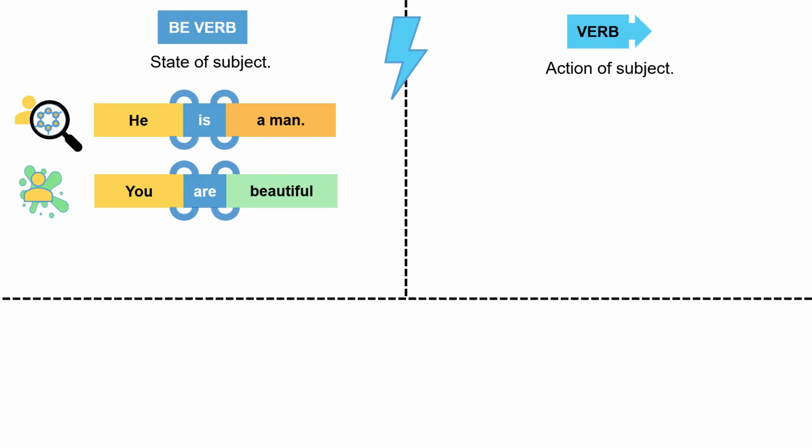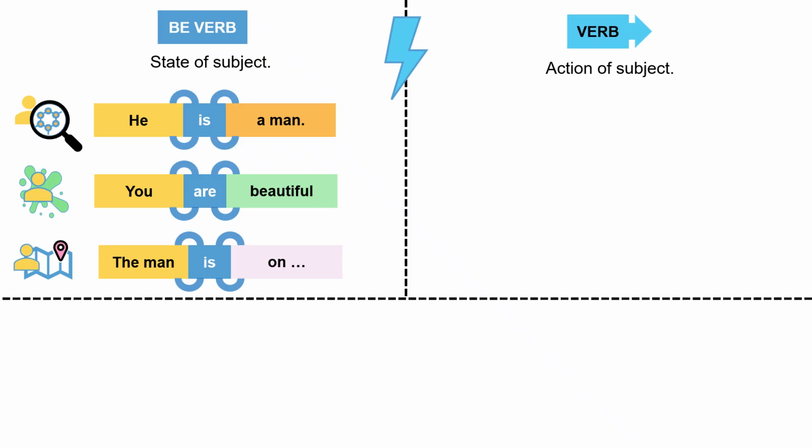And the other kind of sentence you can make with a be verb is for prepositions. We'll just focus on location, like the man is on the desk, the cat is under the chair, he is near the water.